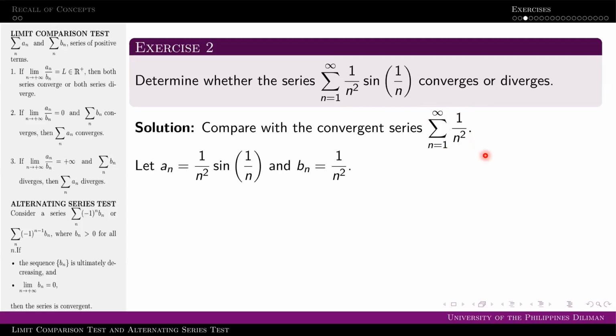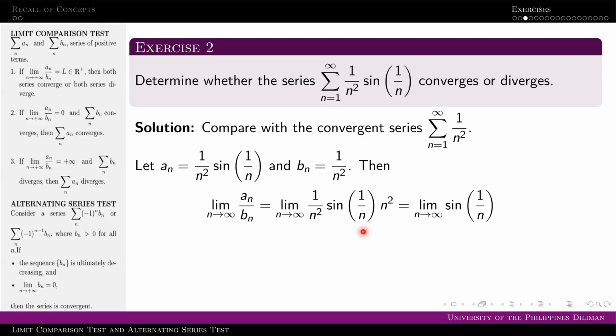Tapos, we set an to be this, no? Tapos si bn, siya yung 1 over n squared natin. Kukunin lang natin si limit as n approaches infinity nung ratio ni an at bn. Tapos, magiging siyang ganito. Again, magka-cancel out si n squared. So, ang matitira mo ay limit as n approaches infinity ni sine 1 over n.